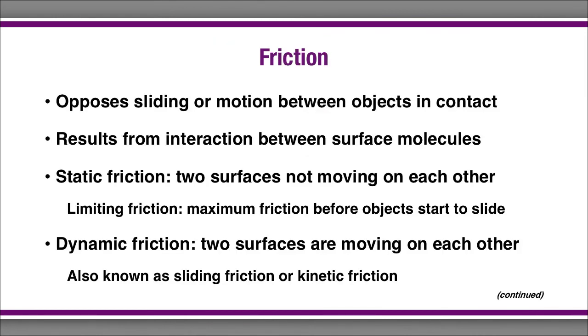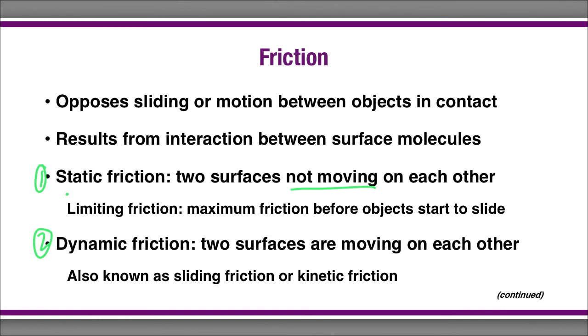Friction itself is the force that occurs in opposing sliding or motion between objects in contact. It does result from interaction between surface molecules. And there are two main types of friction: static friction and dynamic friction. Static friction occurs where two surfaces are not moving on one another.